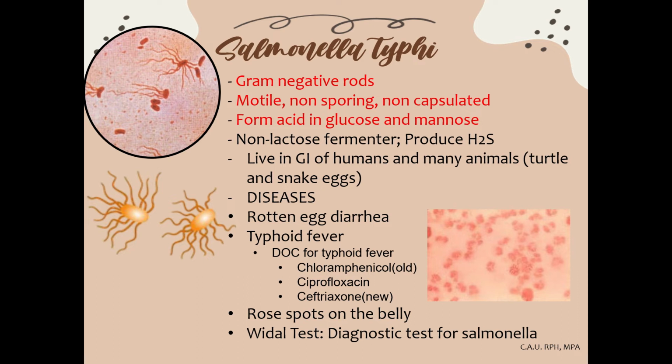So if the patient is suspected of having Salmonella typhi, the Widal test can be used to confirm it. The Widal test measures the titer of the antibody against the bacteria which cause enteric fevers such as typhoid or paratyphoid fever. So how do they perform this test?